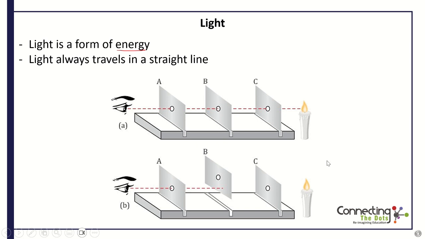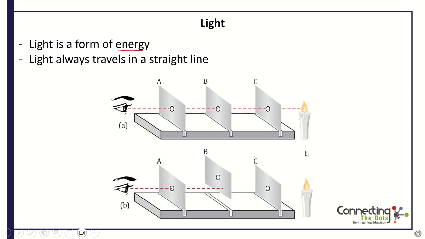You can see that there is a candle placed, and we are viewing the candle from the other end as shown in the figure. We are placing three cardboards A, B, and C. We are making holes in these cardboards and we are aligning them in such a way that all three holes lie in a straight line. Imagine viewing the candle from the other end through these cardboards.